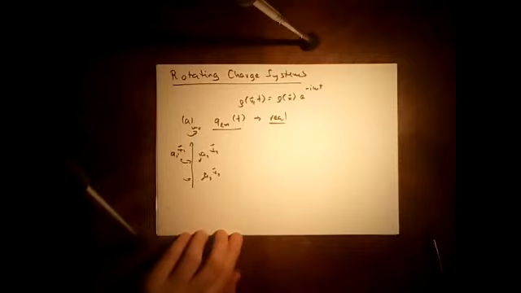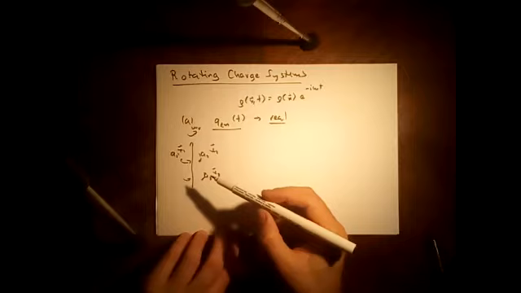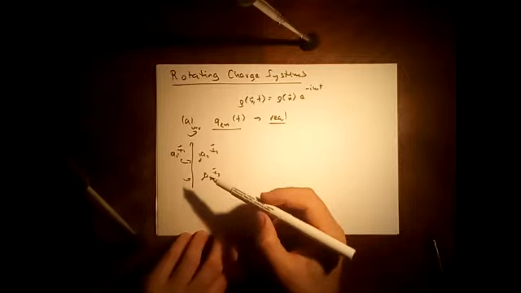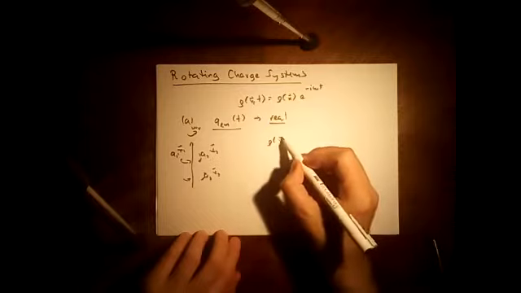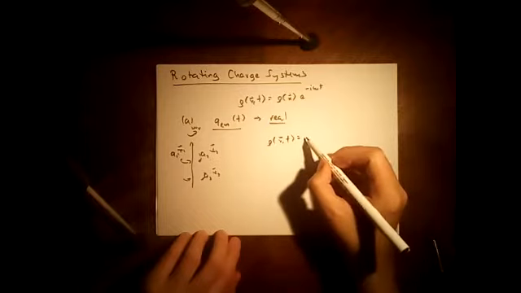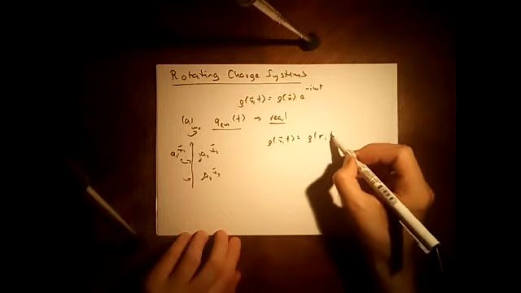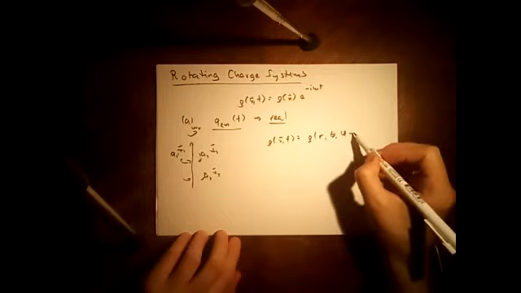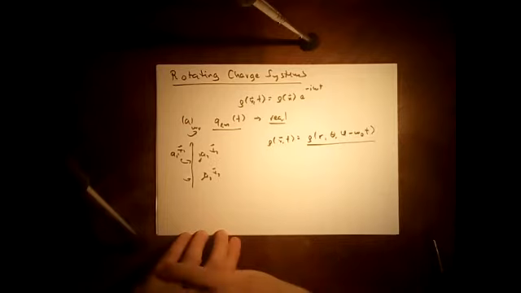The charges are fixed relative to each other, and that's important. In this case, we can write a time-dependent charge density as rho(r, theta, phi minus omega 0 t). That's our charge density.